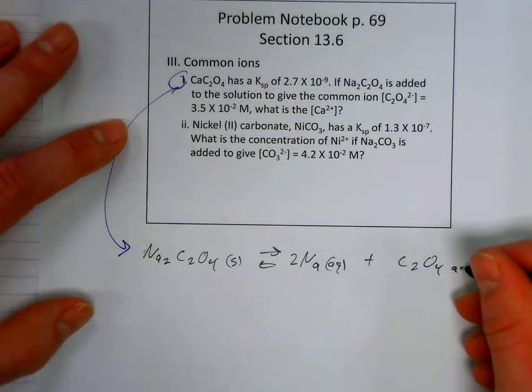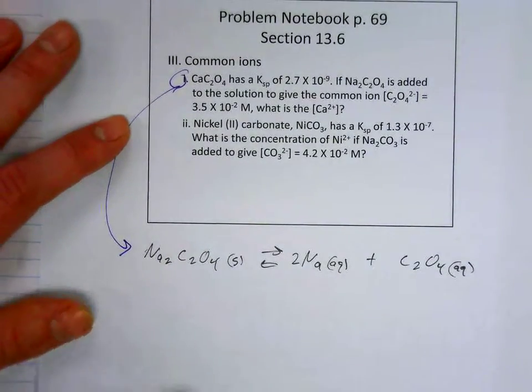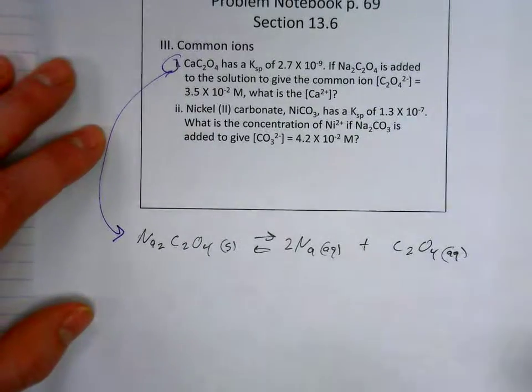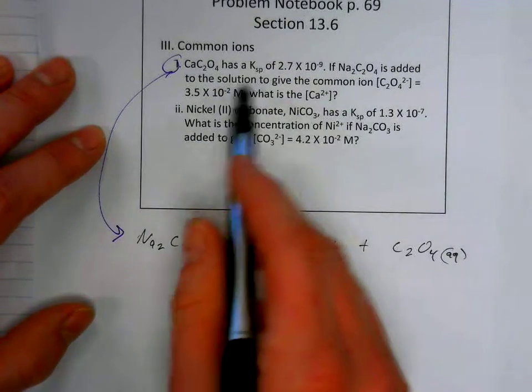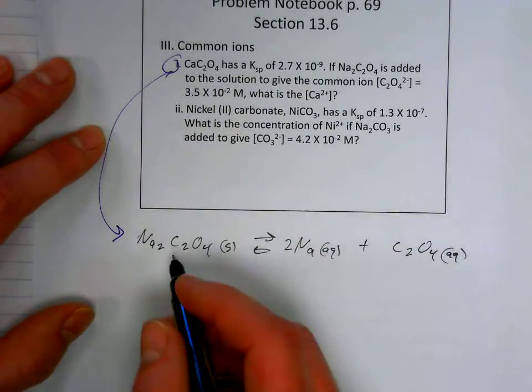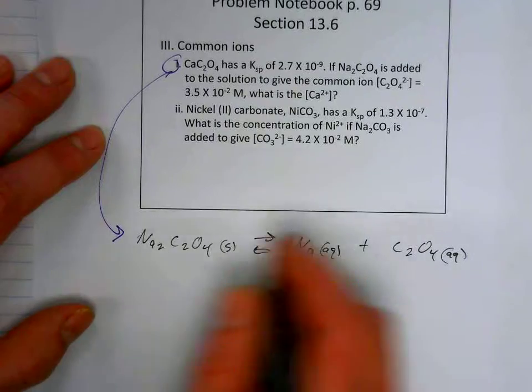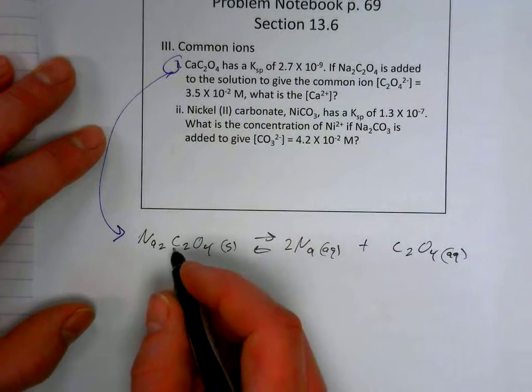Now, we have calcium chromate. So our actual equation is calcium chromate. So we also have some sodium chromate being added. Let's go ahead and write the actual equation though. Do that in orange.